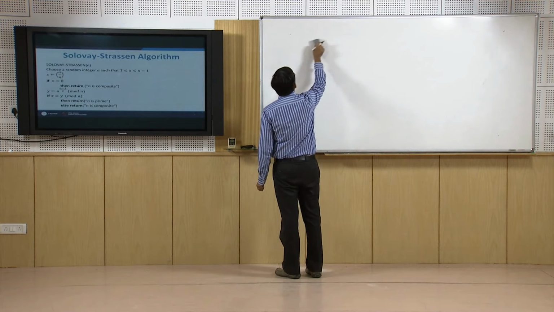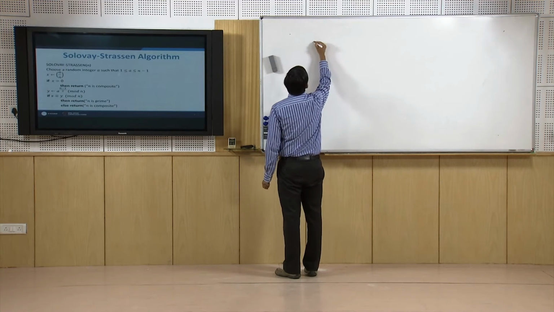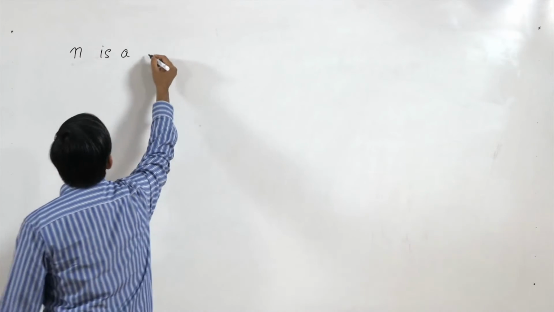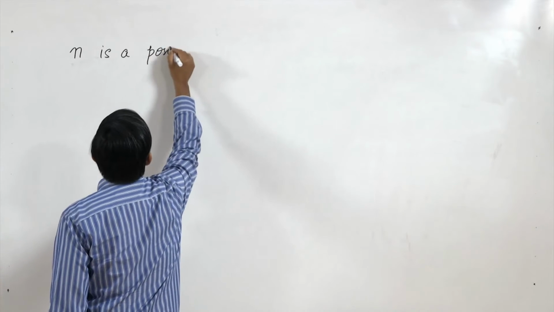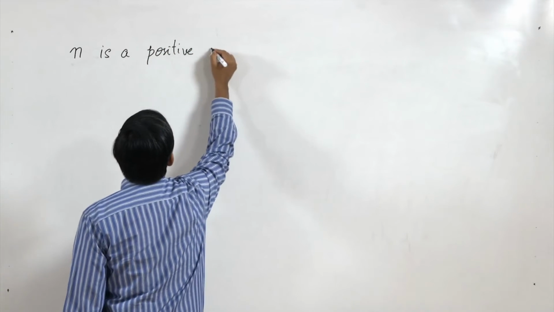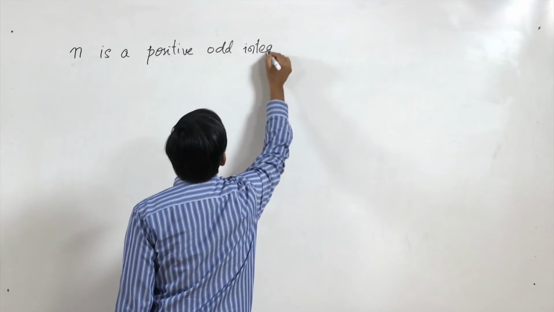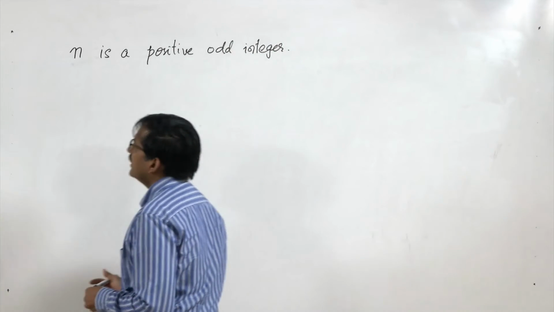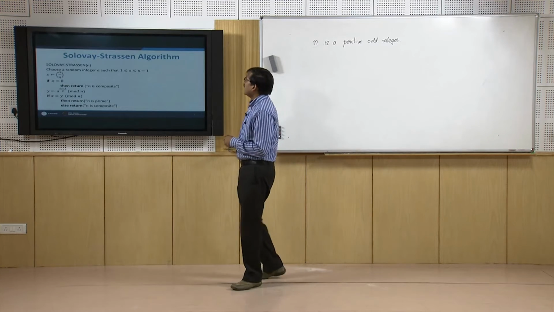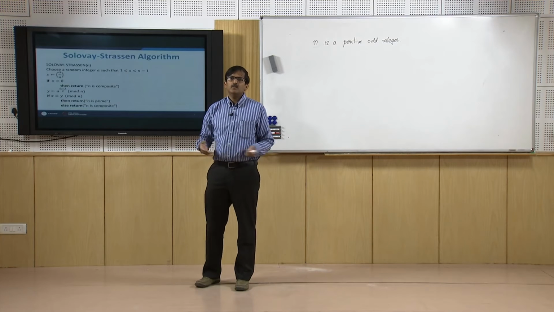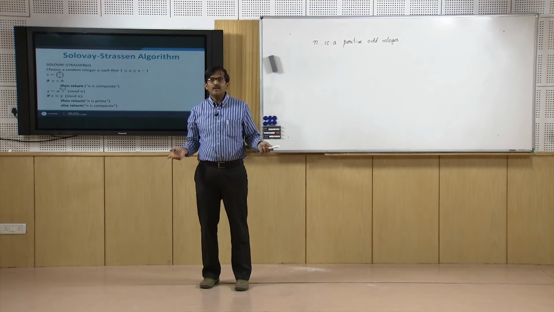Let me first write n is a positive odd integer, all right, and we choose an integer between 1 and n minus 1 at random.